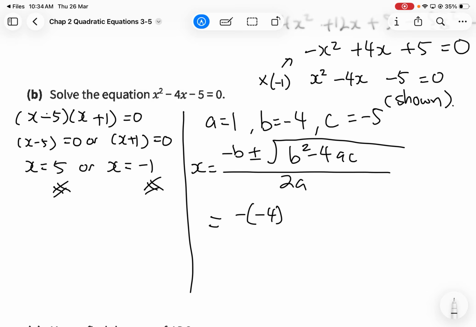Cannot be math error. Your C is -5. And where you put your bracket is important. Naim got it.